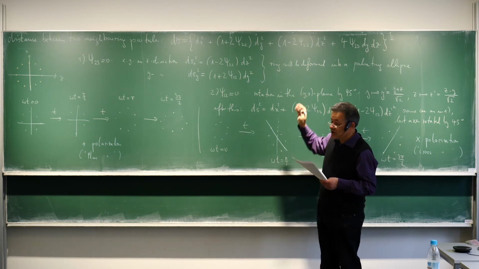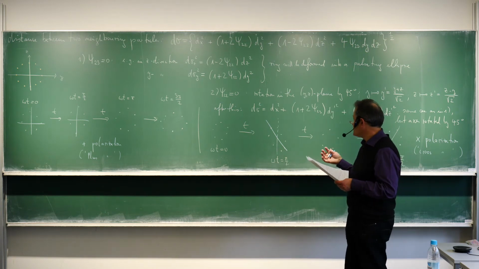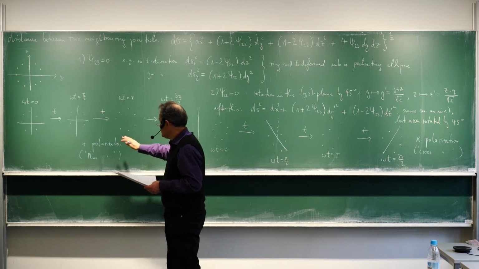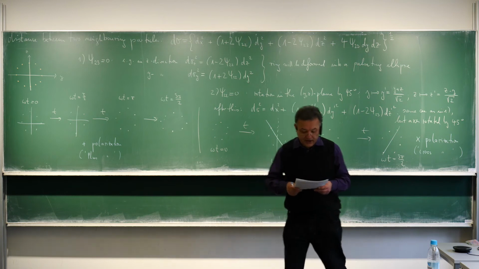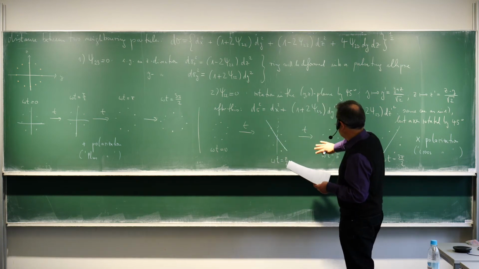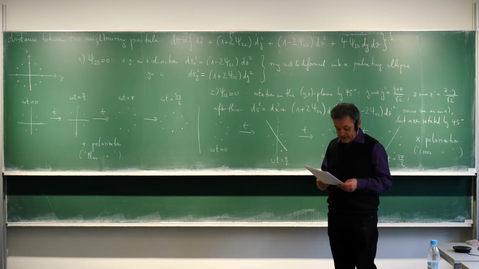If we focus on them separately, we have 2 independent polarization states, and their names are the plus polarization and cross polarization. Of course, this is just a convention, what you call what, but what is important is that you have these 2 independent.